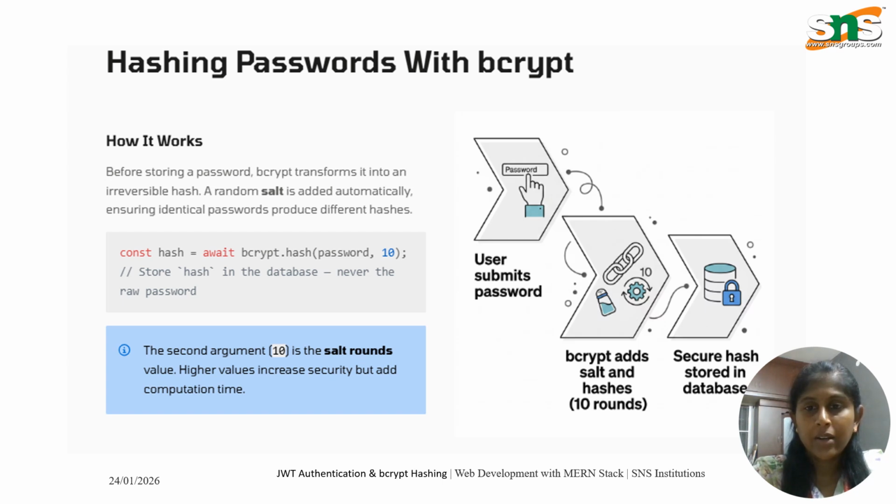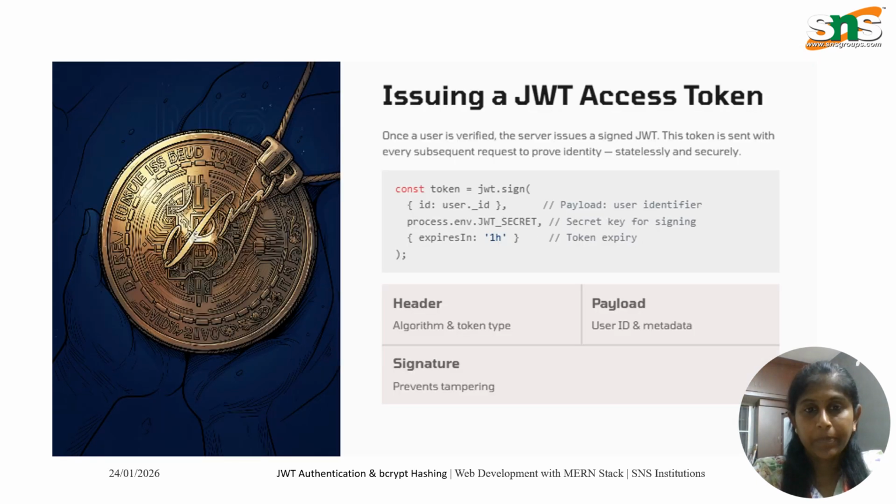The number 10 represents the salt rounds. Higher rounds increase security but also require more processing time. The generated hash is stored inside the database instead of the actual password. During login, bcrypt.compare is used. It compares the entered password with the stored hash. If both match, authentication is successful. This ensures the password remains secure even if the database is leaked.